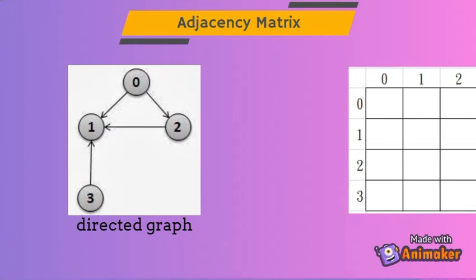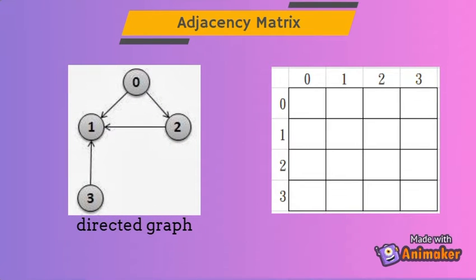Directed graph. If there is a path from i to j, then the value of Aij is 1, otherwise it's 0. There is a path from vertex 0 to vertex 1 and 2, so A01 and A02 are 1.